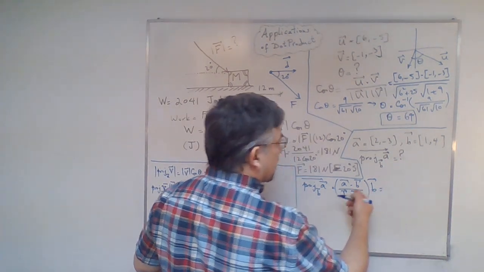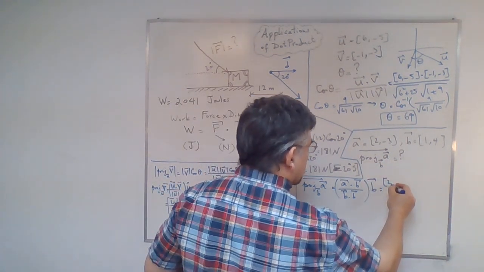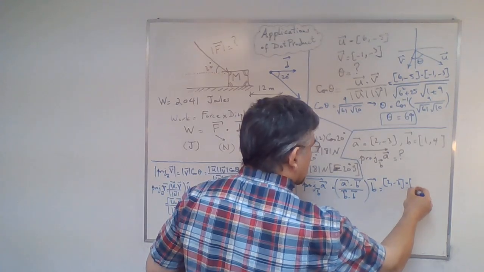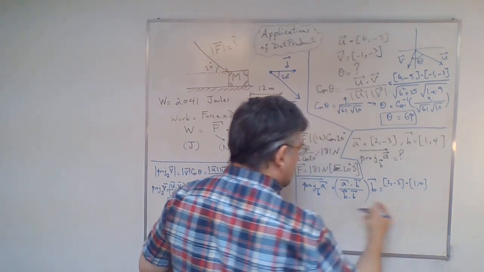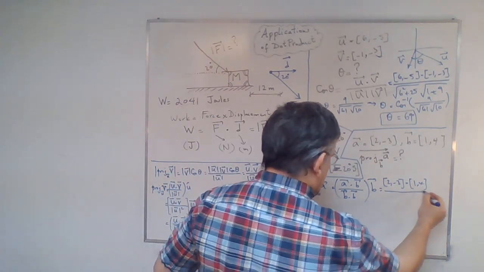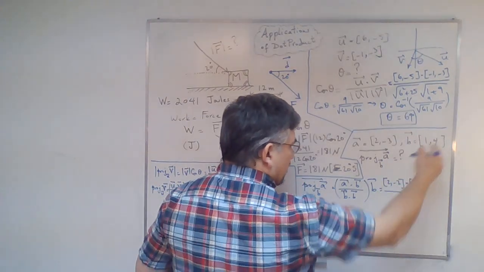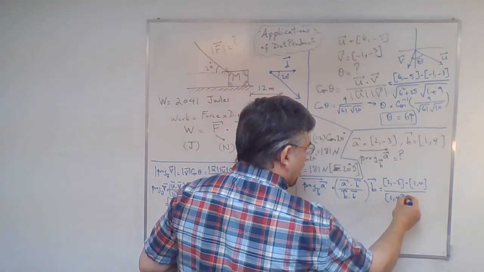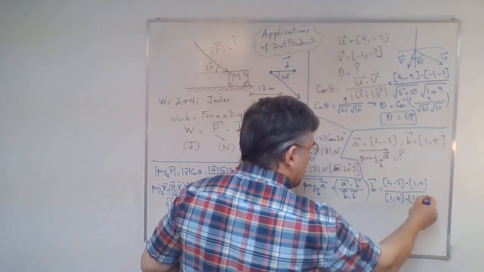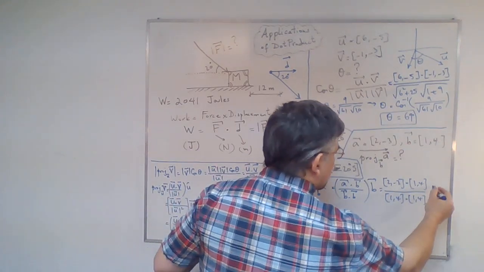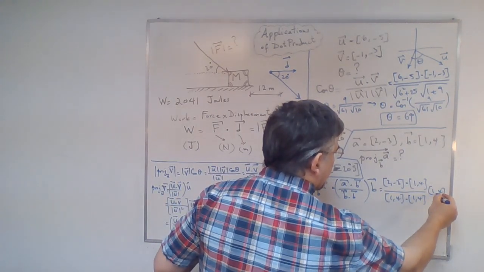Now the rest is not that hard. 2 comma negative 3 dot 1 comma 4. That will be the dot product in the numerator. In the denominator we have b dot b, so that's 1 comma 4 dot itself, and then we have vector b 1 comma 4.